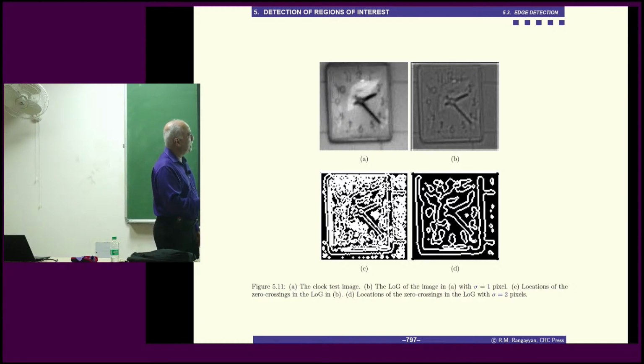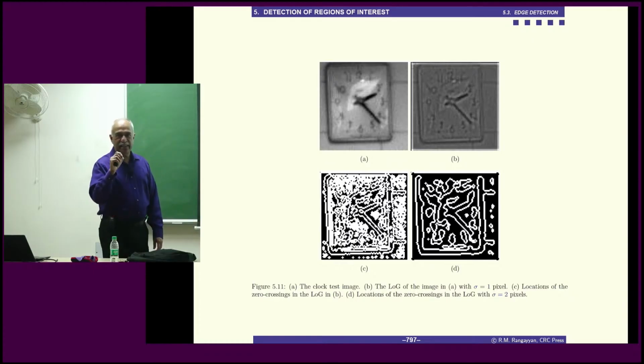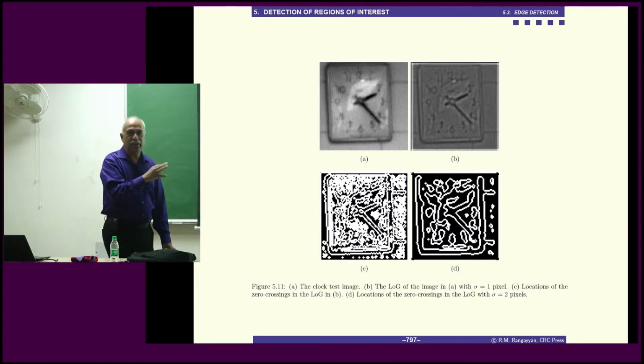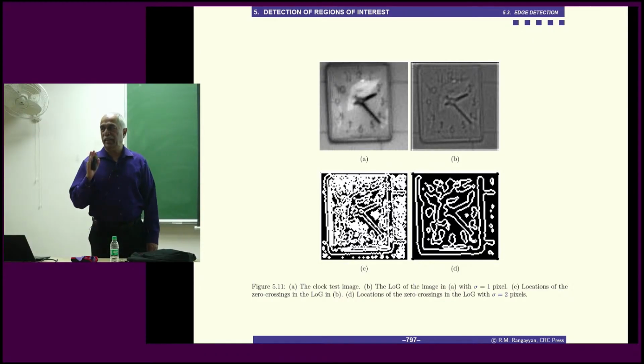So all of these pop up. If I put sigma equal to 2, all of these are gone. So fine details, which could be noise or something that I'm not interested in, can be disregarded or smoothed out by using a larger sigma, and I'm getting only significant zero crossings, significant edges.